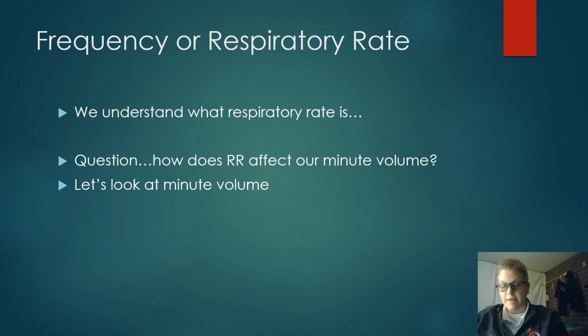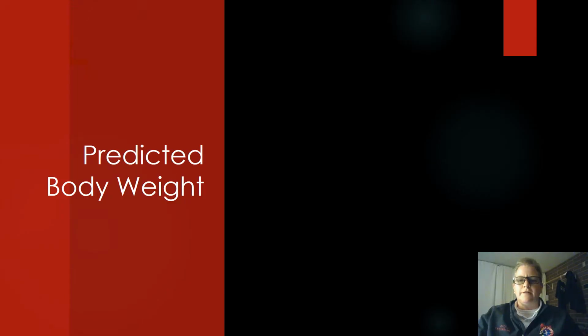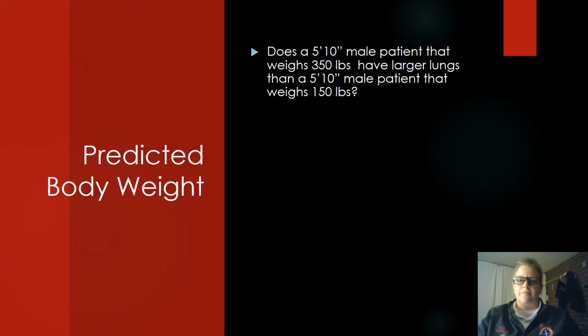We need to meet our patients' oxygen demands. And our respiratory rate is going to help us do that with our lung protective ventilator tidal volumes of 6 to 8 mils per kilo. Okay, so riddle me this.